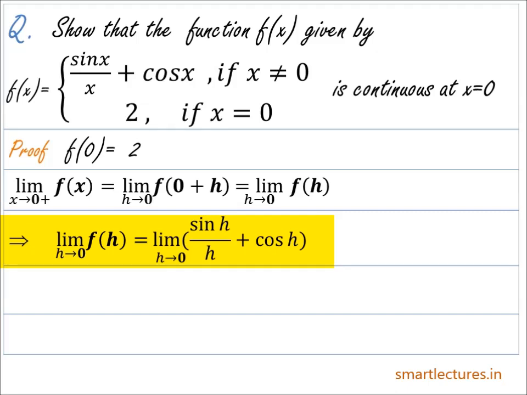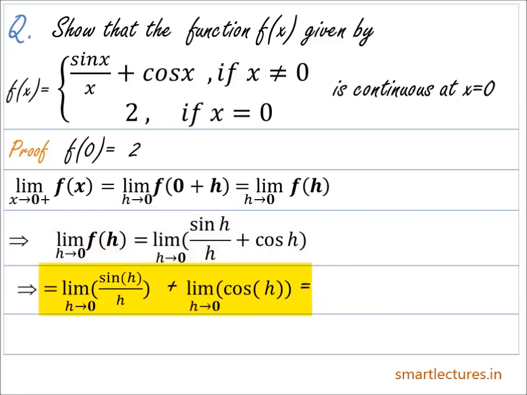So now this limit becomes limit h approaches 0 sine of h upon h plus cos of h, which is equal to limit h approaches 0 sine of h upon h plus limit h approaches 0 cos of h, which is equal to 1 plus 1 or 2.